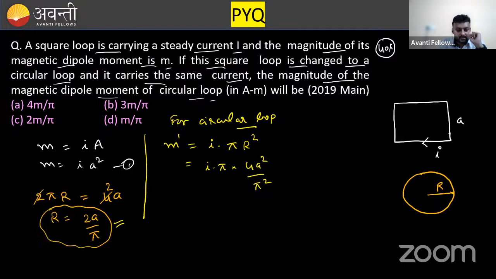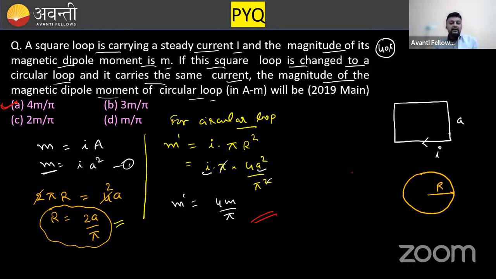You can cancel out some basic things. Pi and this square can be cancelled. And listen to me again. This I into a square is what? Magnetic moment of the square loop. That is m. So m dash is equal to 4m over pi. This is your answer. Which option is correct? You can tell me which option is correct. 4m over pi, option number A is correct.